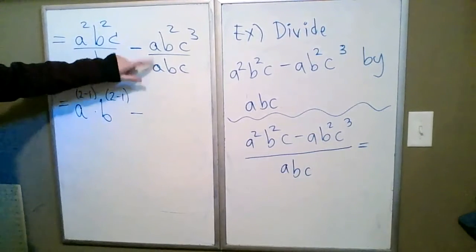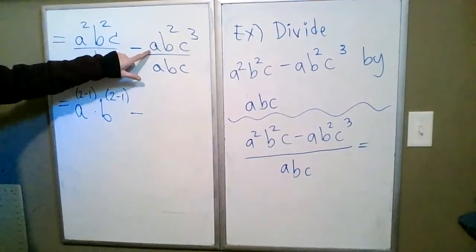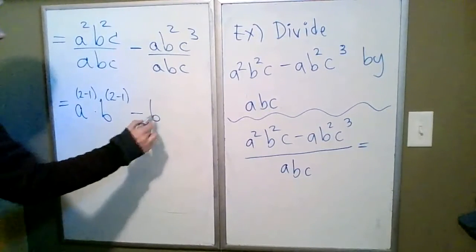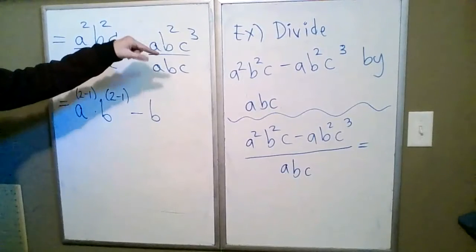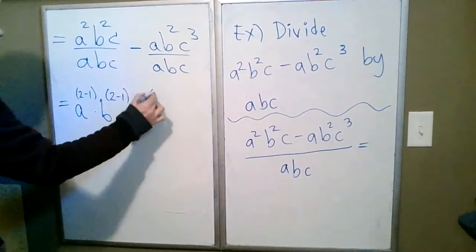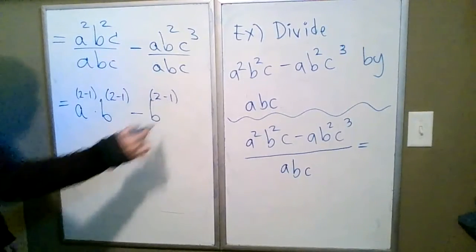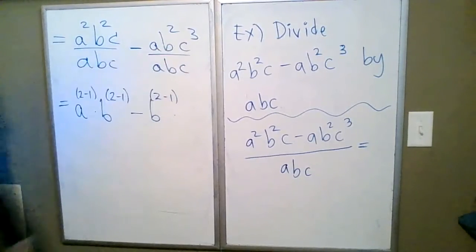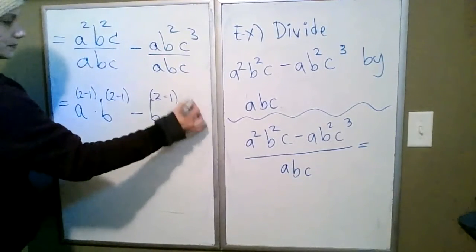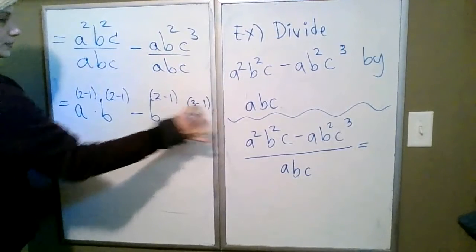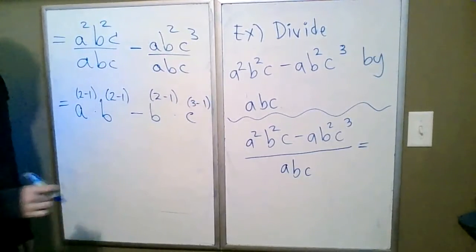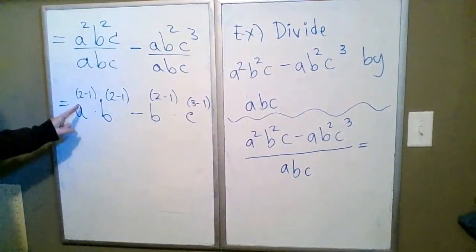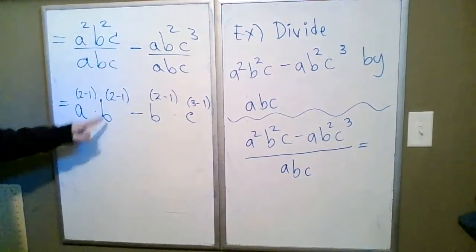Subtract. Same idea here. A over A is 1. Multiplied with the base B, which has a power of 2 minus 1. Times C, and that power is 3 minus 1. Right, first part is A to the first times B to the first.